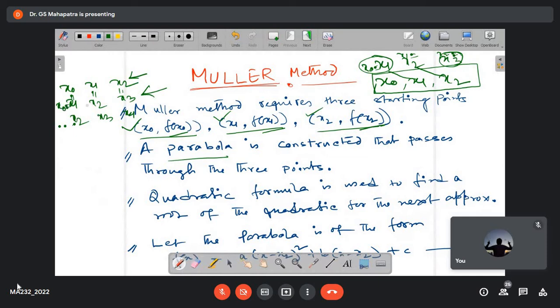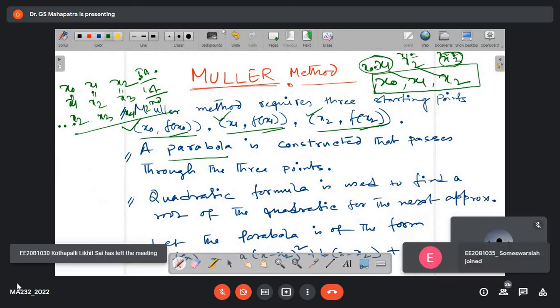Here it is x0, x1, x2. So in that way we will proceed. Each time you are updating only one, that means you are changing only 1 point. The rest 2 points will be the same. So this is the process: initial approximation, first iteration, second iteration, and so on.